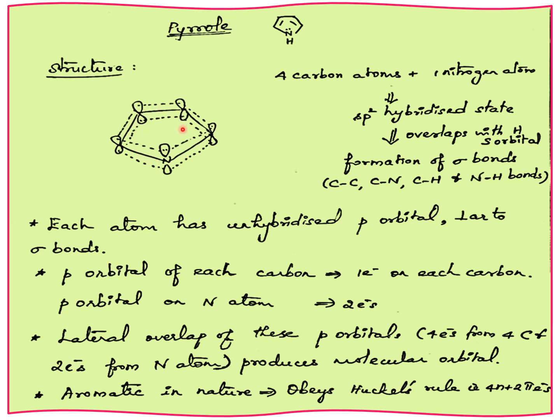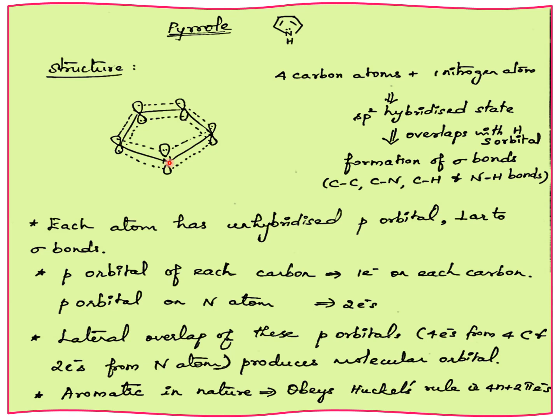And when coming to the aromatic nature, the pyrrole molecule obeys Huckel's rule. That is, it obeys the 4n plus 2 pi electron rule, because it is having 4 pi electrons from the carbon-carbon double bonds and 2 electrons, that is a lone pair of electrons on the nitrogen atom. So totally it is 6 pi electrons.